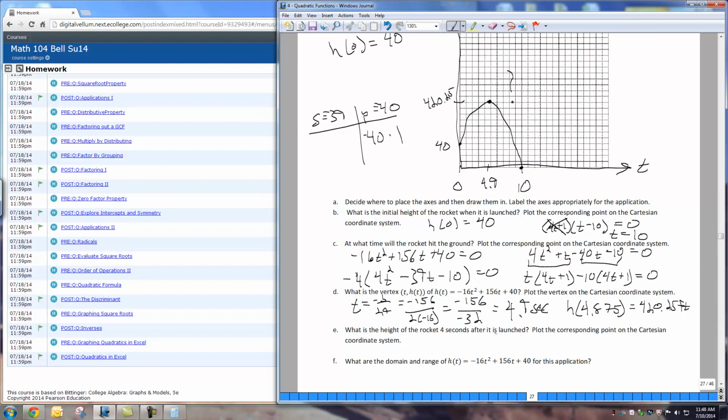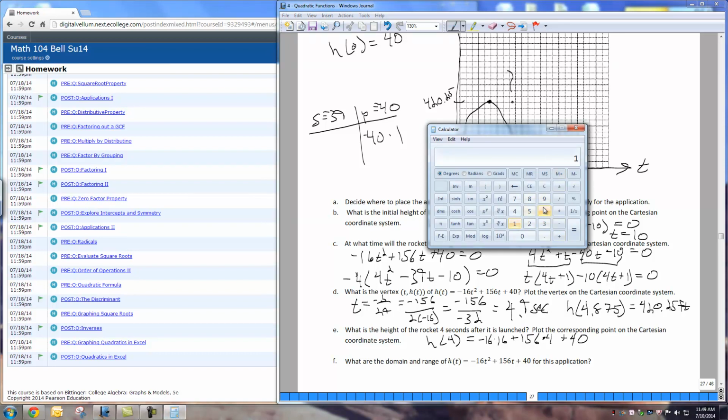What is the height of the rocket after 4 seconds? So that's h of 4. Notice it's going to happen back in here, so it better be less than 420. So that's negative 16 times 16, because 16 is 4 squared, plus 156 times 4, plus 40.